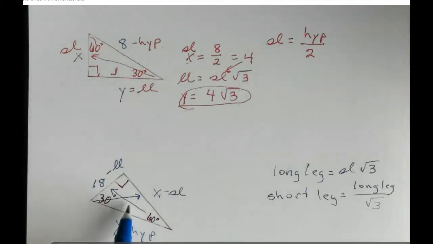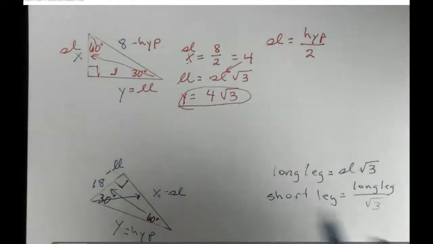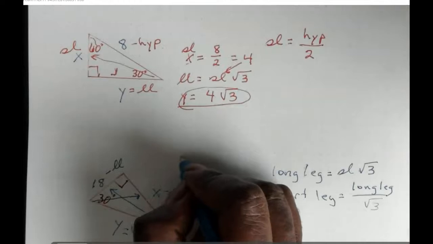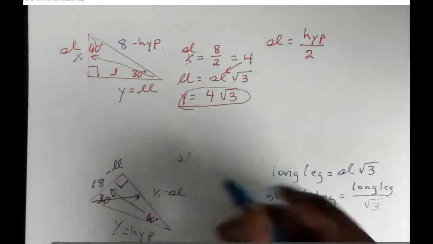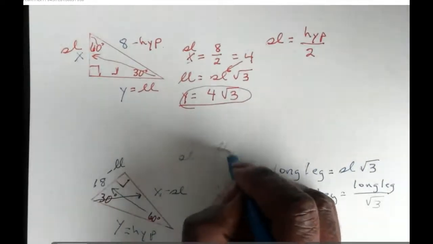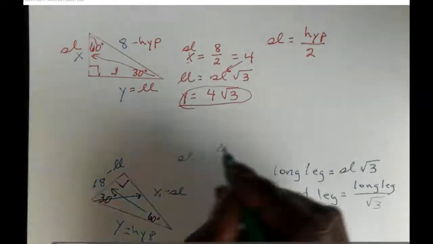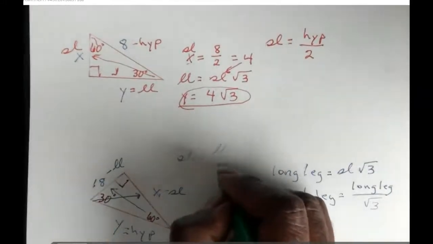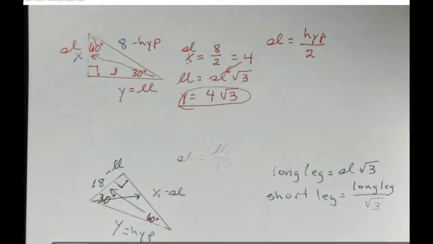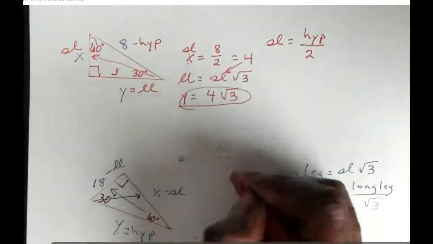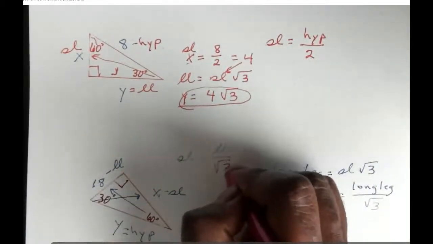Okay, so we're looking for the short leg, so we're going to use the formula. Short leg is equal to the long leg divided by the square root of 3.